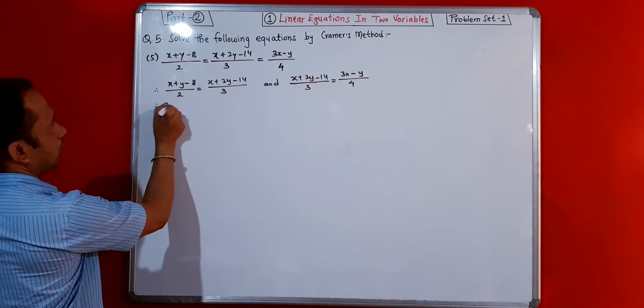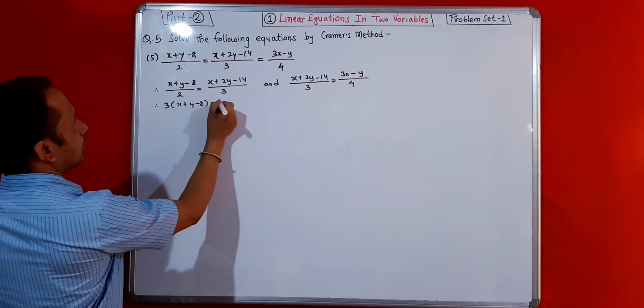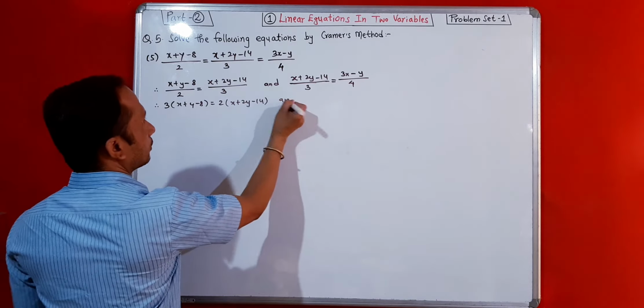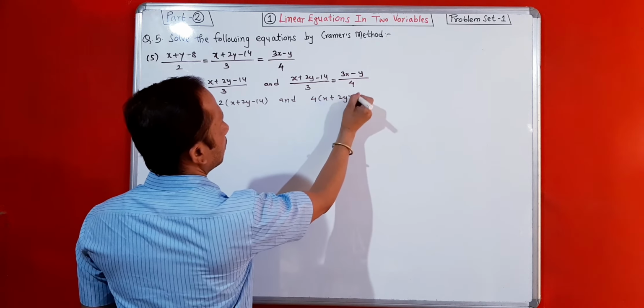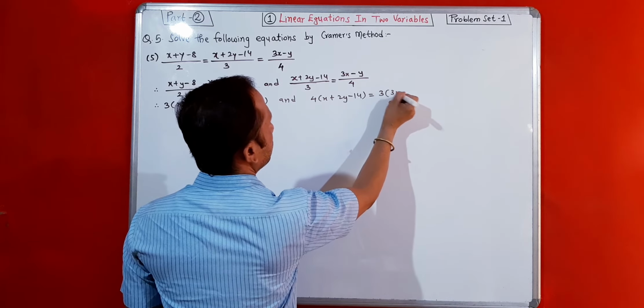Therefore, cross multiply: 3 times (x plus y minus 8), 2 times (x plus 2y minus 14). And here 4 times (x plus 2y minus 14), and this 3x minus y.